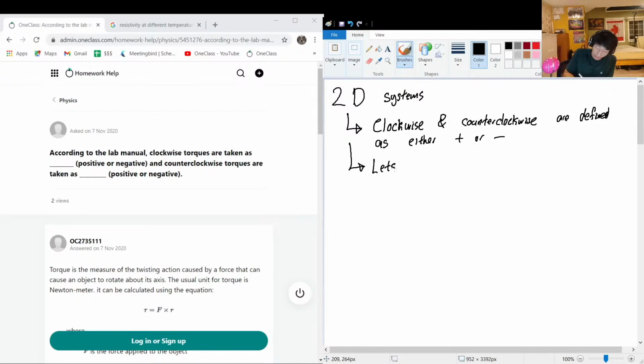Now what I would suggest is that we follow the right hand rule. Suppose we have an XY axis.